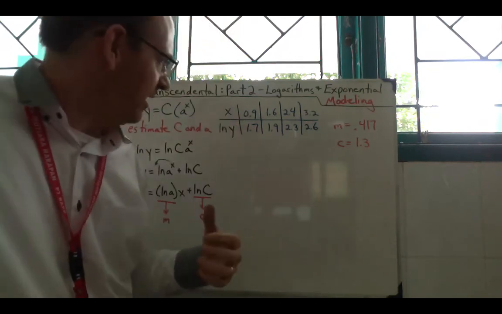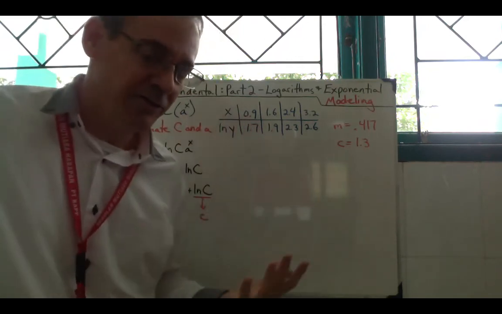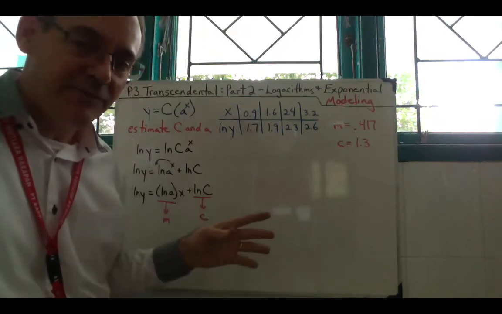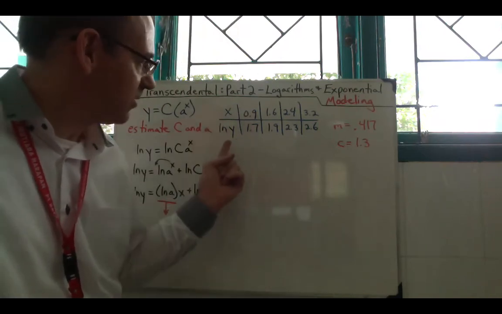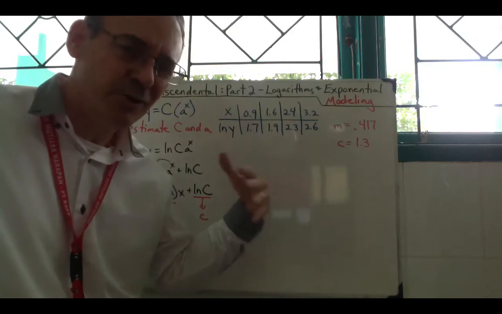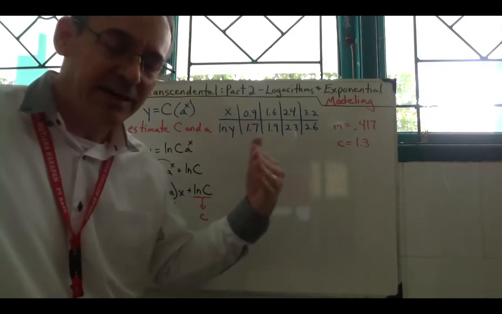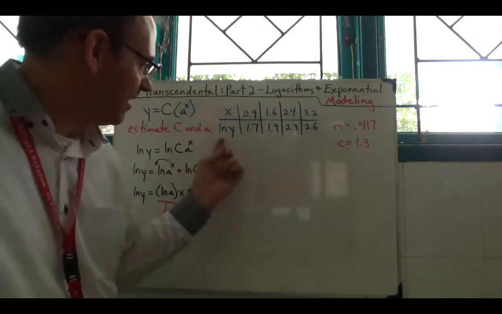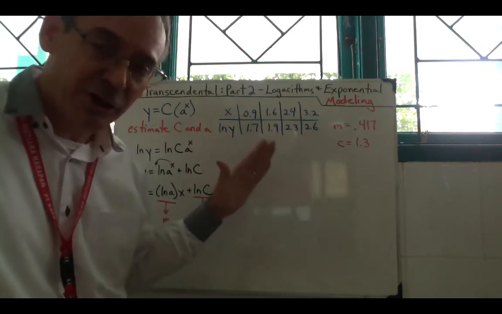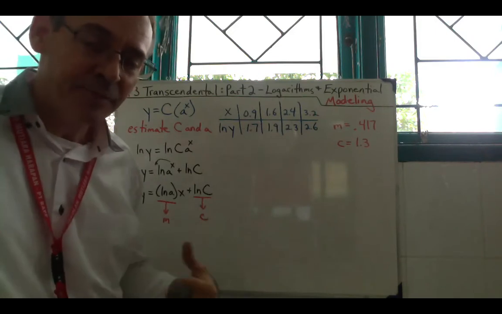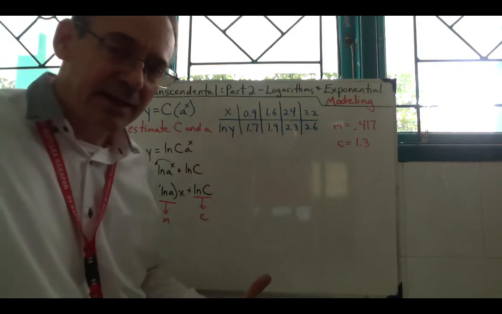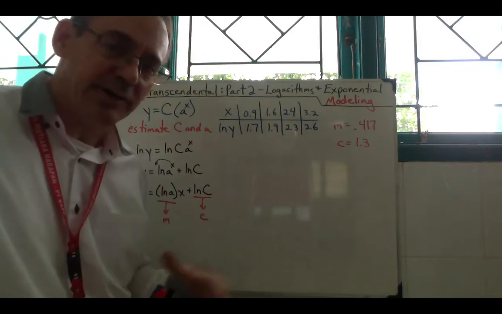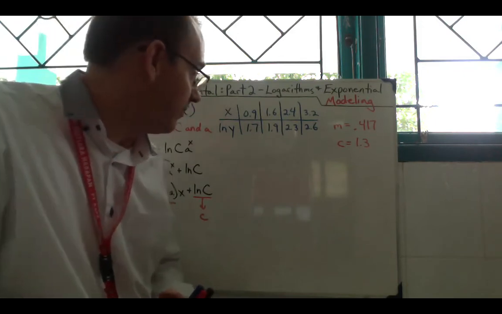Like in this case, they said that there were four values of X and Y, and what they gave you was the chart of X and ln Y. So in other words, they've already done some of that preliminary work for you, and they're assuming that this is what will make the curve into a line. So we're stepping into the question, not really at the beginning of it.